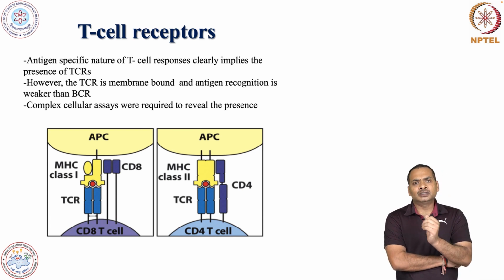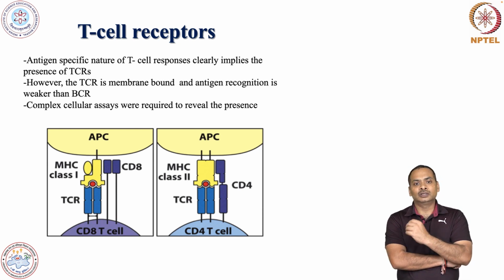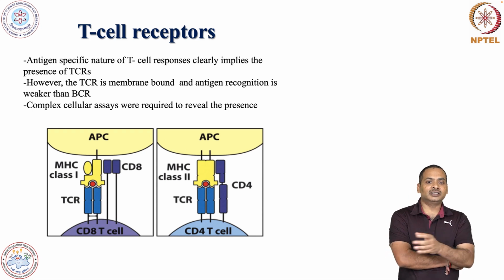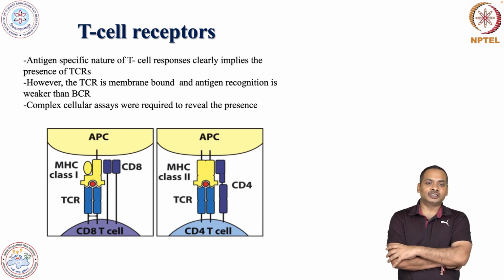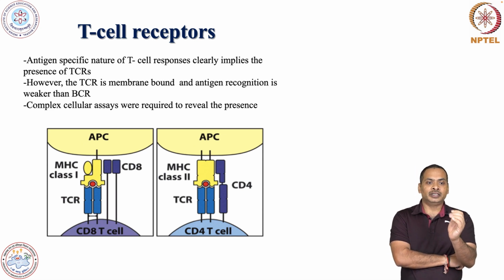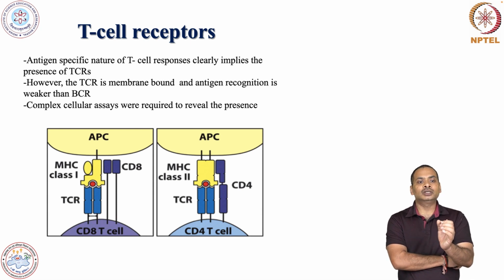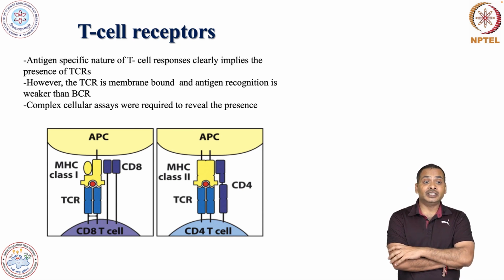Complex cellular assays were required to reveal the presence of this TCR. Here you can see, I am just putting this very simple image. You can see there is an antigen presenting cell, and in the first panel there is an MHC class 1 molecule, and the red color is the antigen, and there is a TCR, and this TCR is present along with the CD8 molecule.